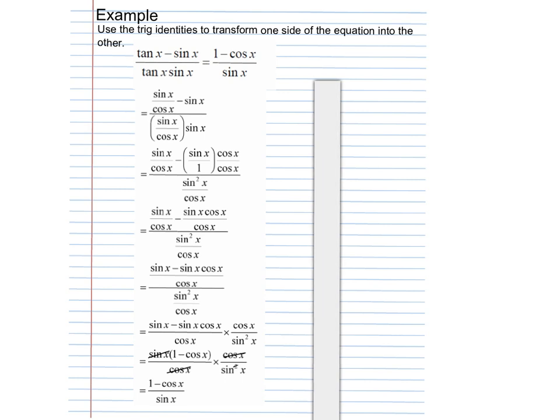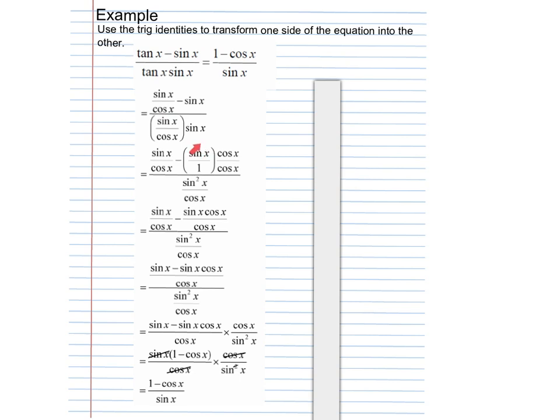So let me cover this. So basically what happened here is I changed these tangents, a lot like the last one, into sine and cosine. So this tangent of x became sine of x over cosine of x. Same thing for this one, sine of x over cosine of x. Since the top here is two fractions, we put a 1 under it and we get a common denominator.